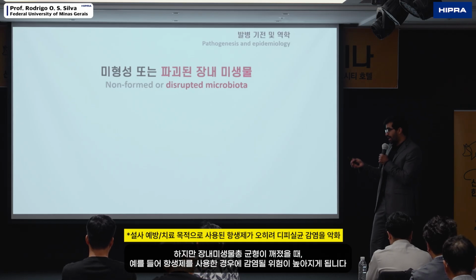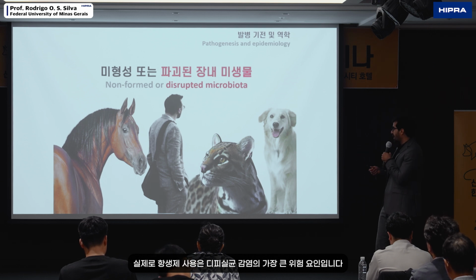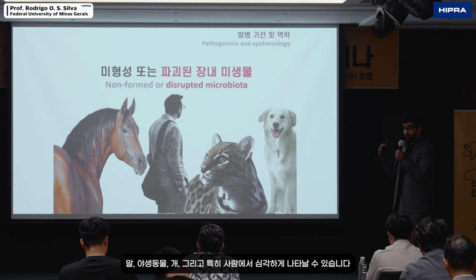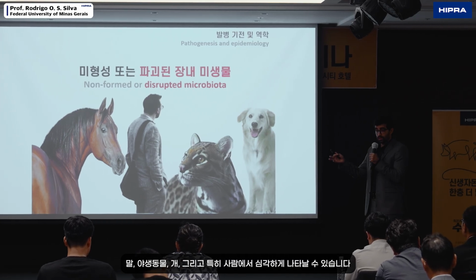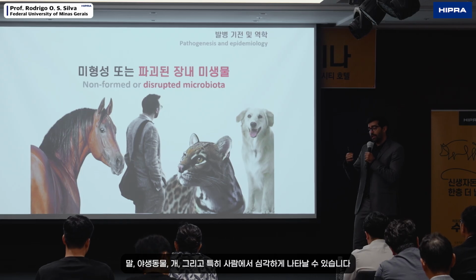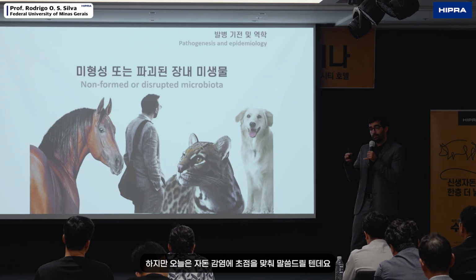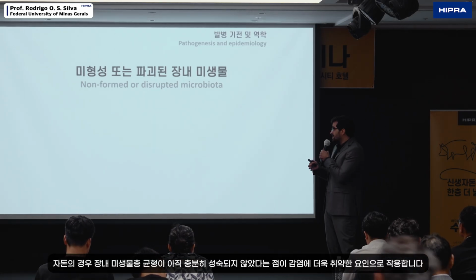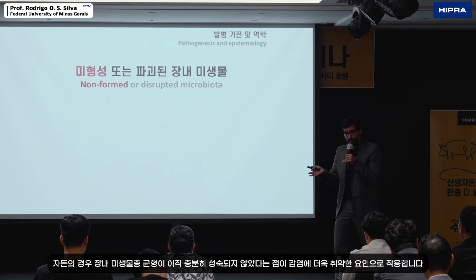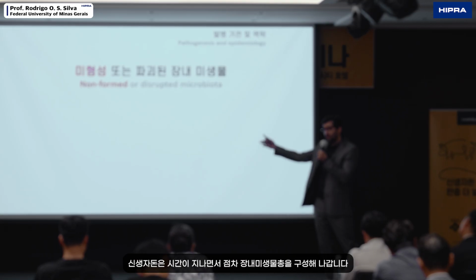The use of antibiotics is the main risk factor for Clostridium difficile infection in horses, in several different wild animals, in dogs, and also in humans, for whom Clostridium difficile infection is a very important disease. But we are talking about pigs here, and in piglets, the main risk factor is the fact that they don't have a formed microbiota. A neonatal piglet is forming its microbiota through time.